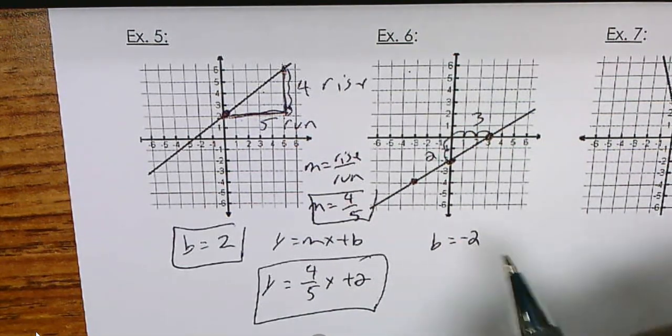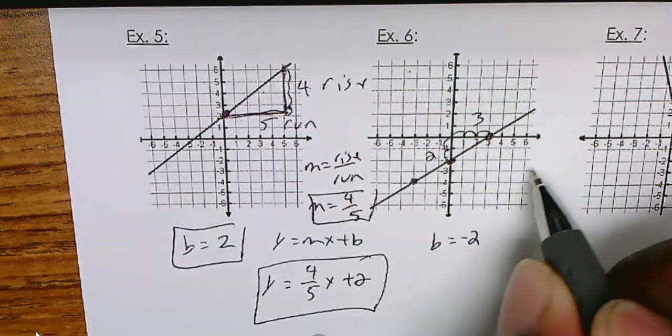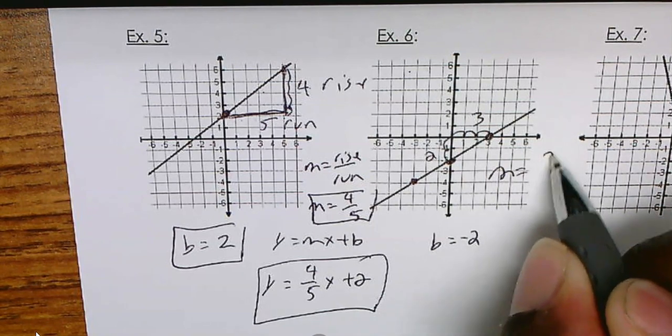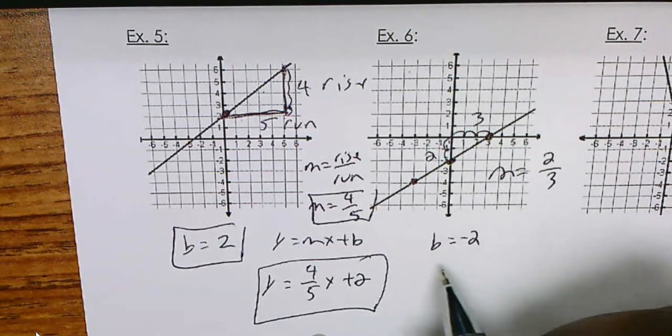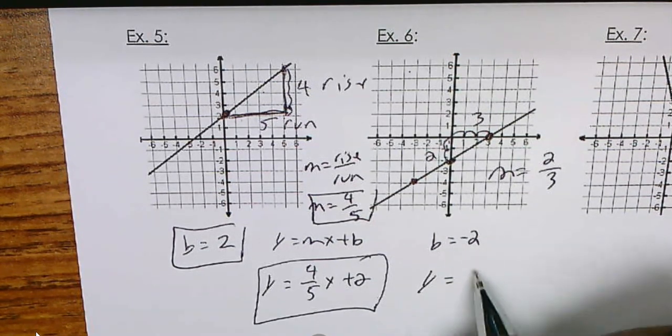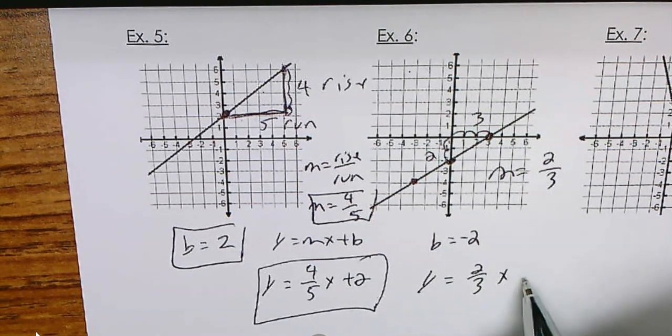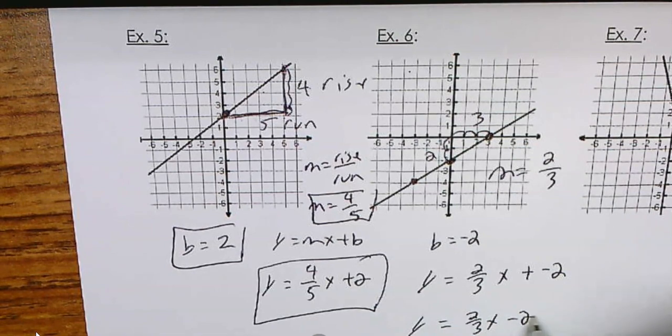So now my rise over run is 2 over 3. We went up 2 and over 3. So my equation should be y equals 2 over 3x plus -2, or y equals 2 over 3x subtract 2.